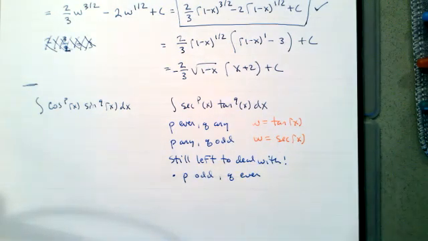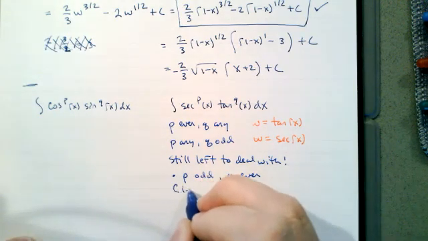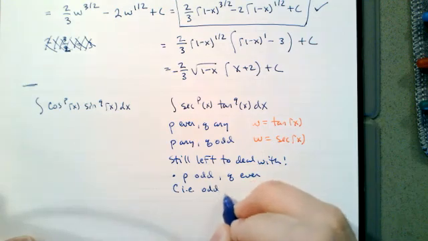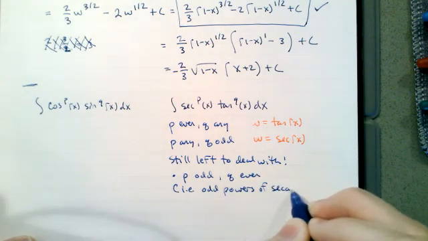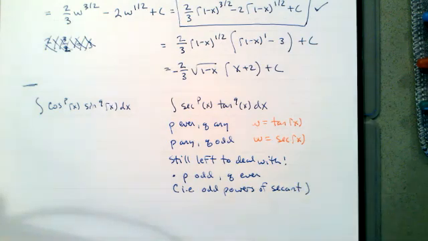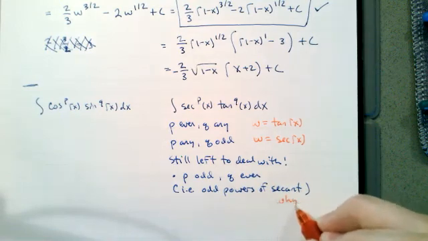So this last one is equivalent to odd powers of secant. Odd powers of secant paired with even powers of tangent just means odd powers of secant. That's going in the discussion as well. Why can I say this?